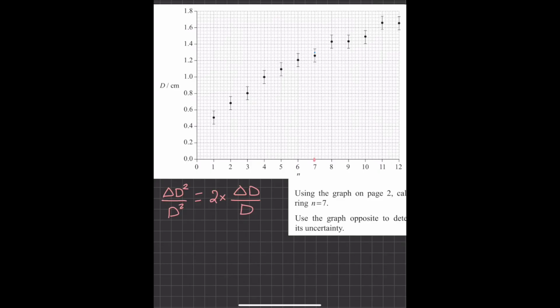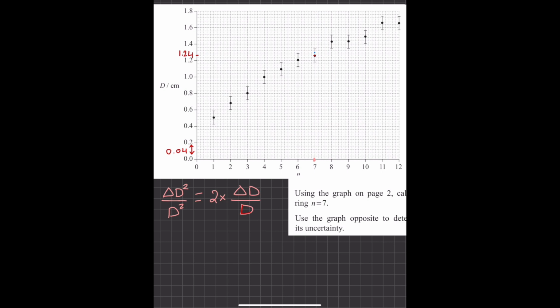All right, so for n equals 7, let's see what this is equal to. Here we have 0 to 0.2, we have 5 divisions, so each box is 0.04. Okay, how do we do it? Remember, we do 0.2 divided by how many boxes we have, so divided by 5, and it gives you 0.04. Okay, so this is 1.2, that's 1.24 approximately.